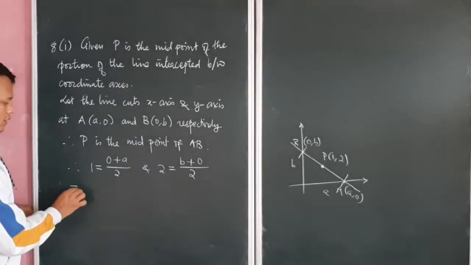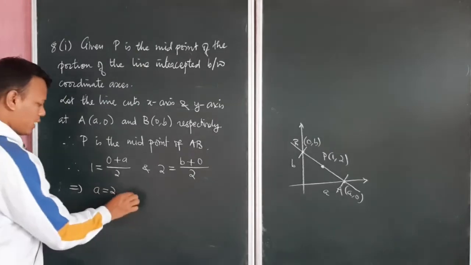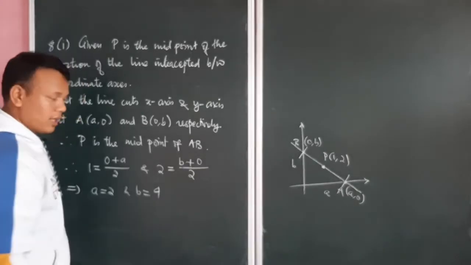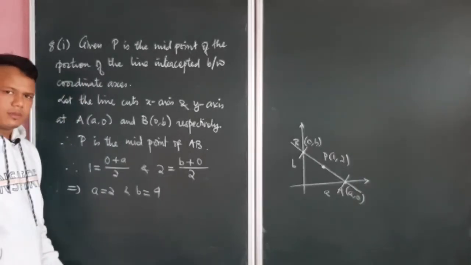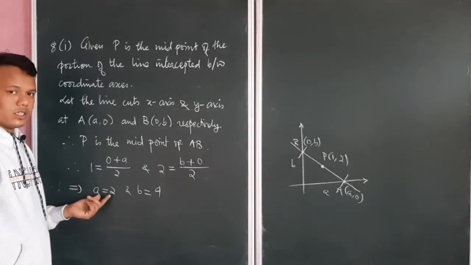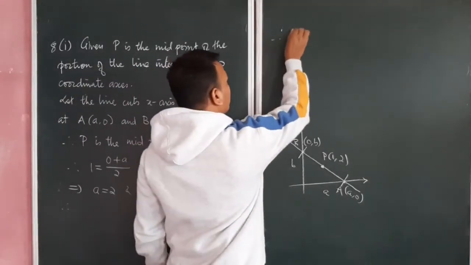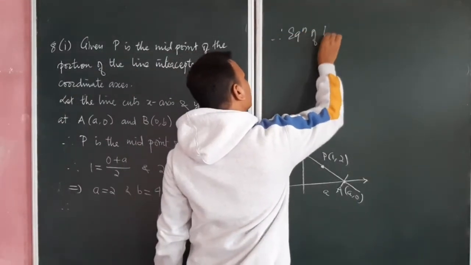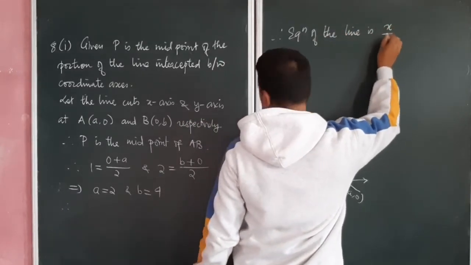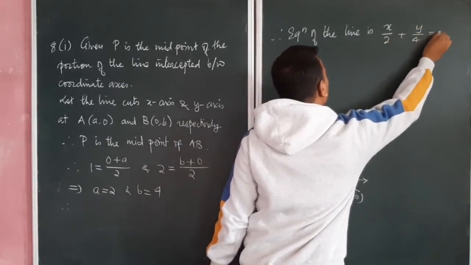So from here A turns out to be 2, isn't it? And B turns out to be 4, right? So we got the x-intercept and y-intercept. Use the intercept form to find the equation of the line. Therefore, the equation of the line is x by A, which is 2, plus y by B equals 1.